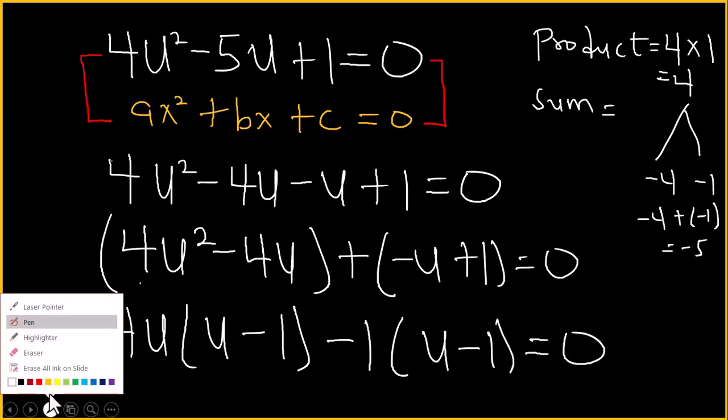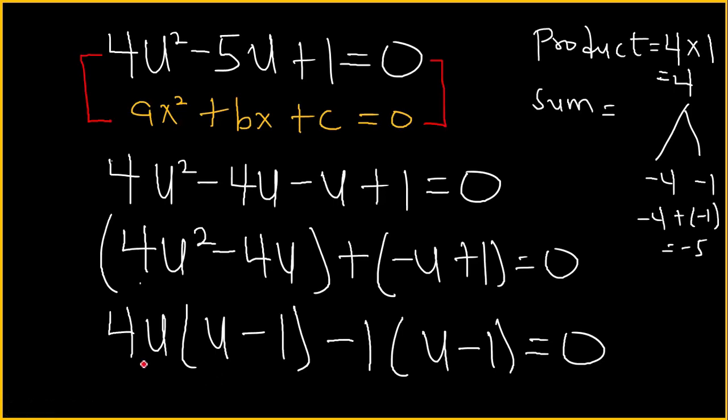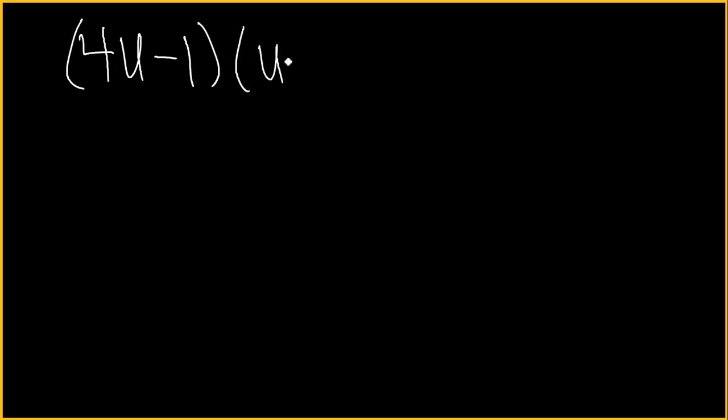So here we combine 4u minus 1, and we have two common factors, which is u minus 1, and one of it is taken. 4u minus 1 as one factor, and u minus 1 as another factor equals 0.